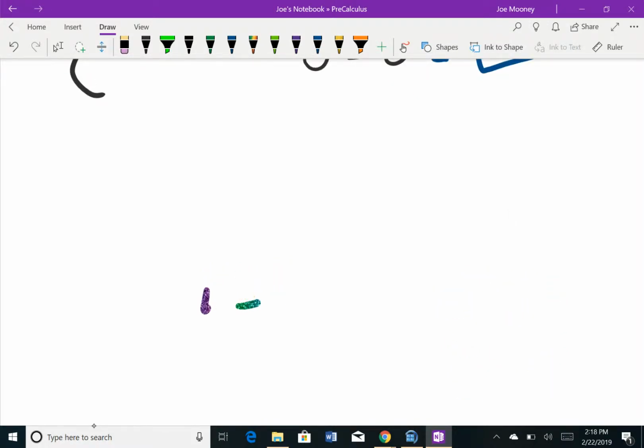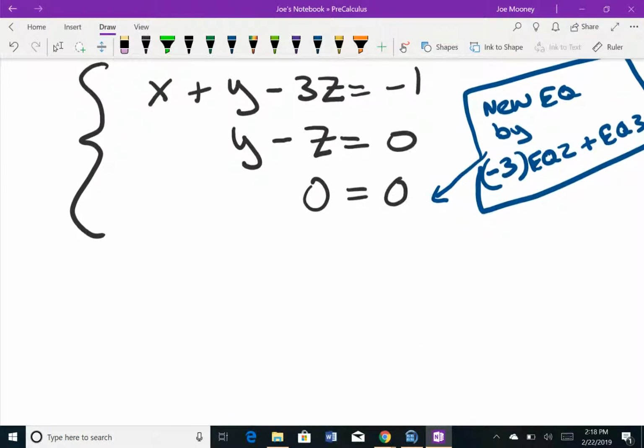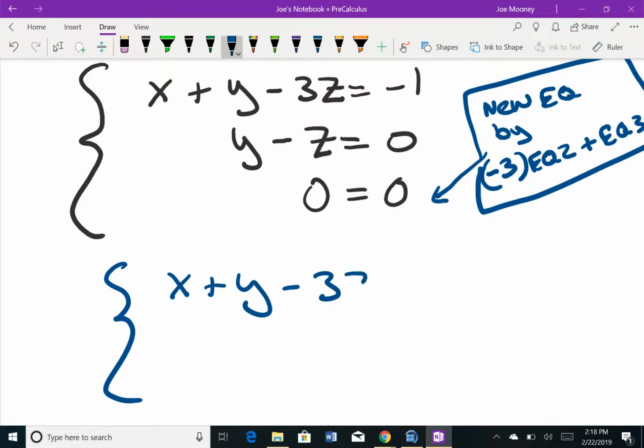So now, basically what this does, 0 equals 0, it doesn't provide us any information at all. So we're just going to rewrite it as if it were x plus y minus 3z is equal to -1, and y minus z is equal to 0.